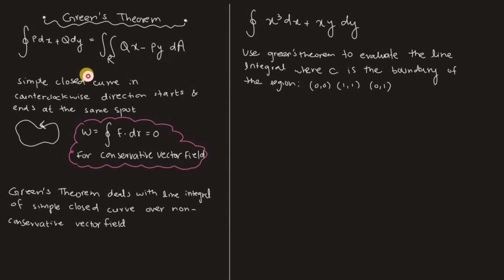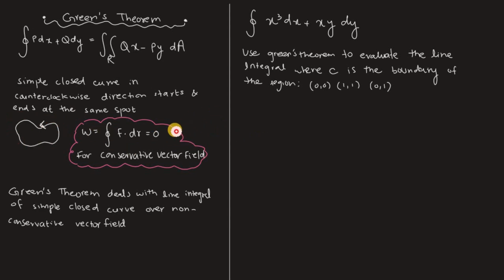That's how you obtain the simple closed curve. Okay, so Green's theorem is simply a simple closed curve in the counterclockwise direction which starts and ends at the same spot. So if it starts from here, it's gonna go in the counterclockwise direction and end up at the same spot.